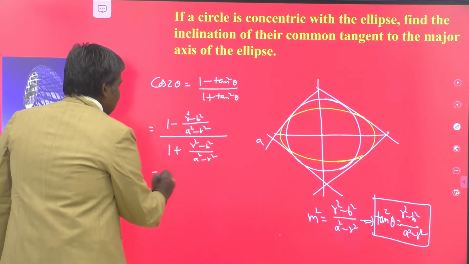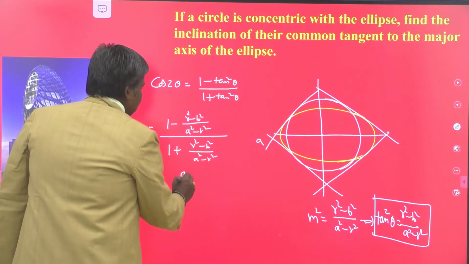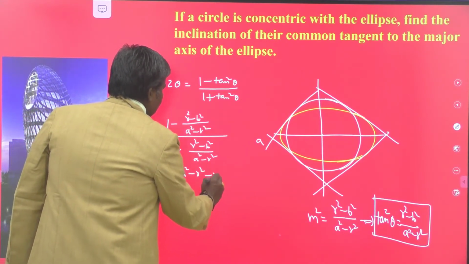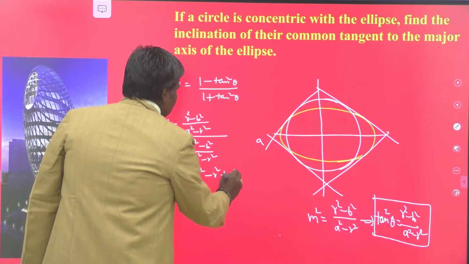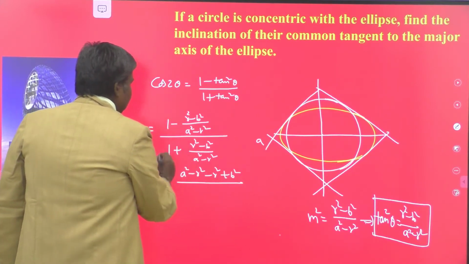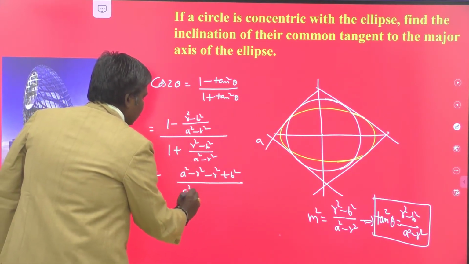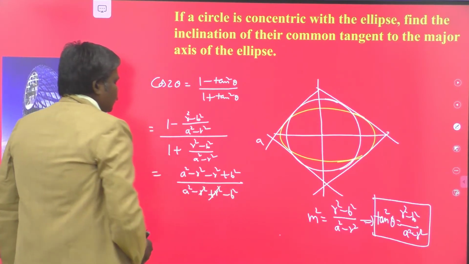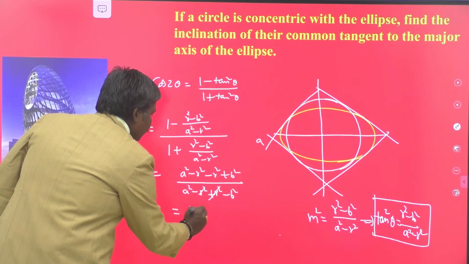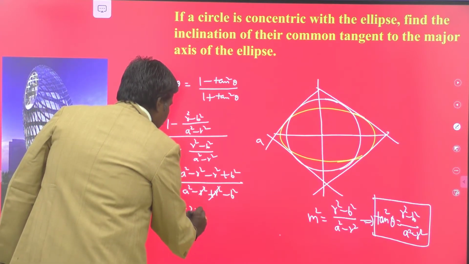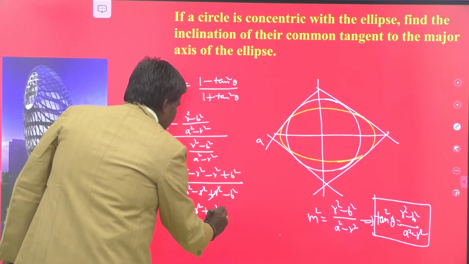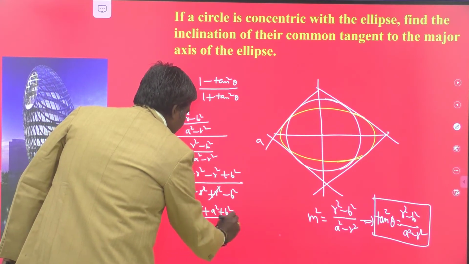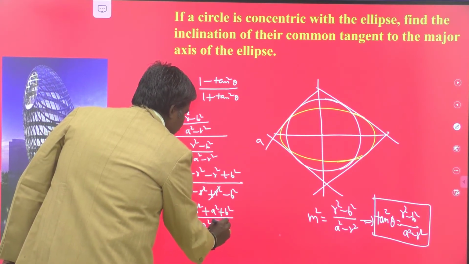By taking the LCM, the denominator gets cancelled. We get (a square minus r square plus b square) whole divided by (a square minus r square plus r square minus b square). R square gets cancelled in the numerator, giving minus 2r square plus a square plus b square, by a square minus b square.